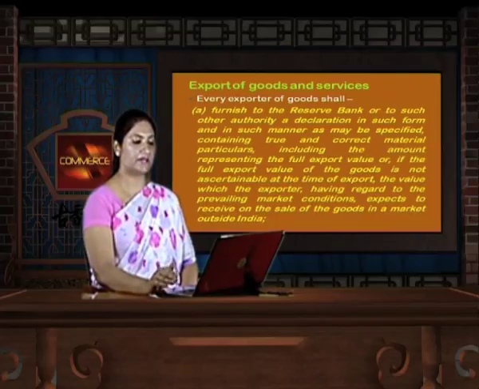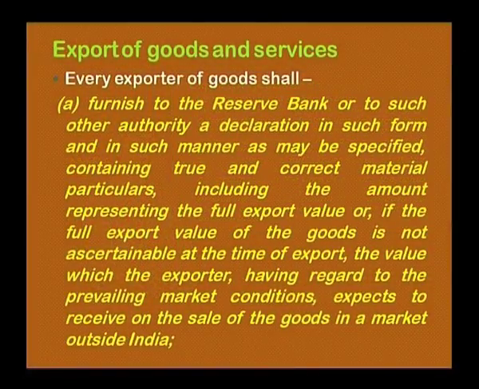For this, every exporter of goods shall furnish to the Reserve Bank or to such other authority a declaration in such form and in such manner as may be specified, containing true and correct material particulars including the amount representing the full export value, or if the full export value of the goods is not ascertainable at the time of export, the value which the exporter, having regard to the prevailing market conditions, expects to receive on the sale of the goods in a market outside India.